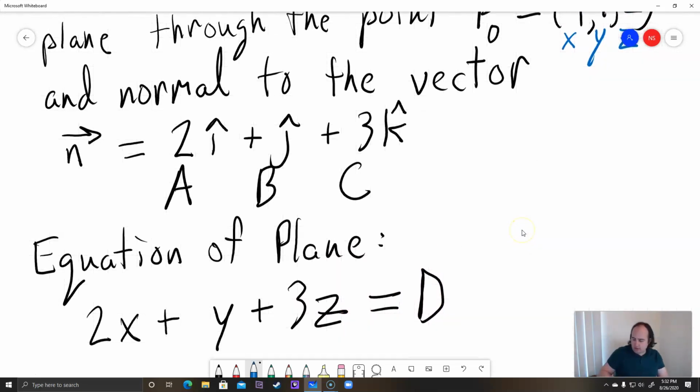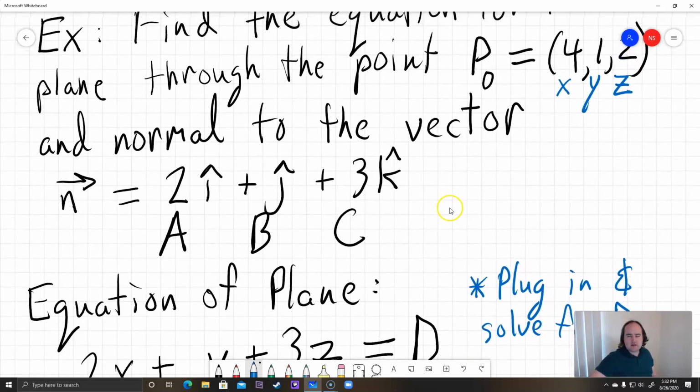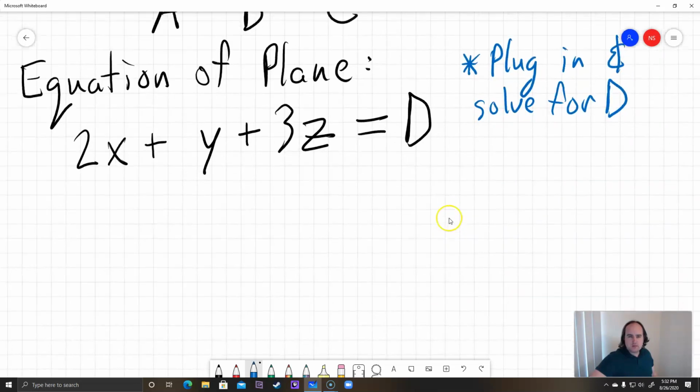Okay? So what we're trying to do right now is plug in and solve for d, because we're going to need d to actually write the equation. So x is 4, y is 1, z is 2.